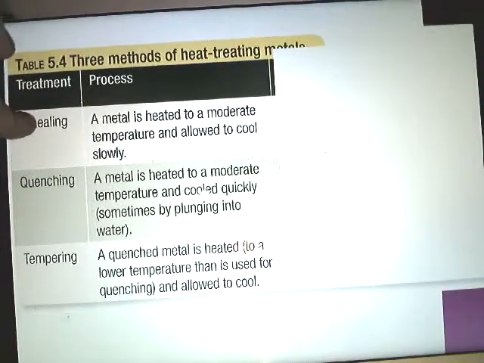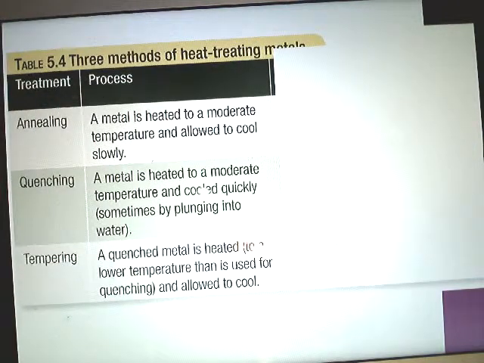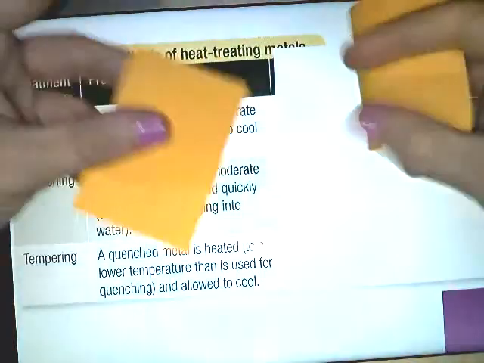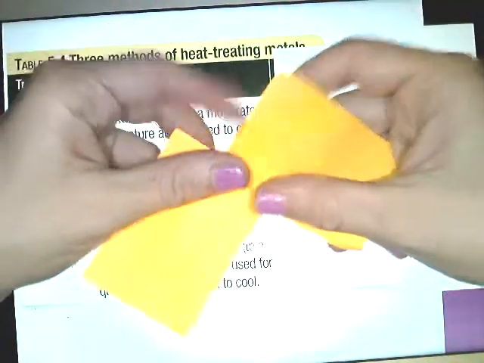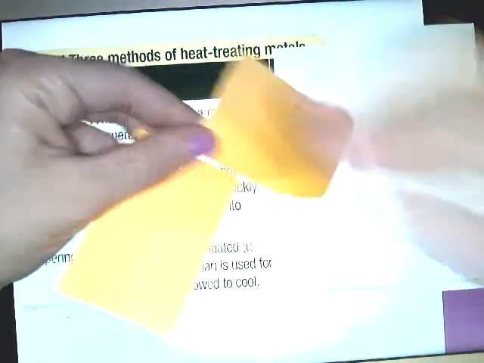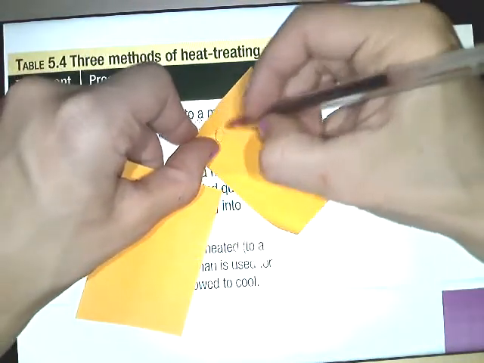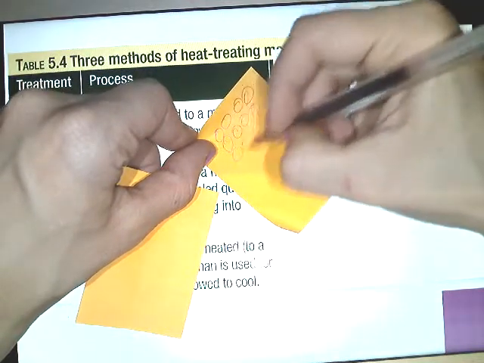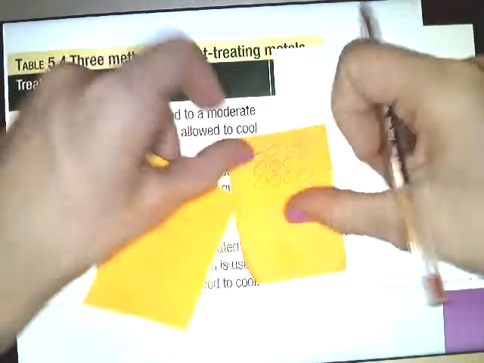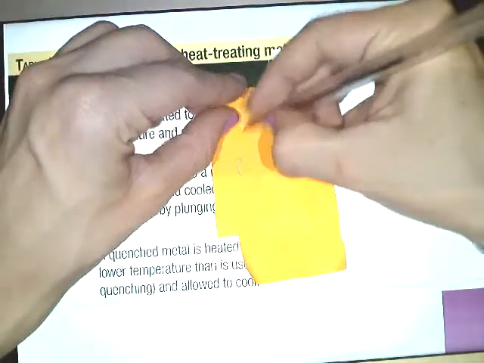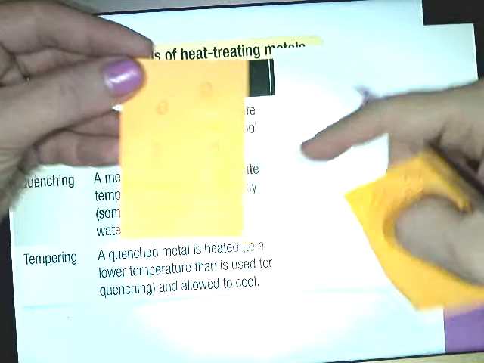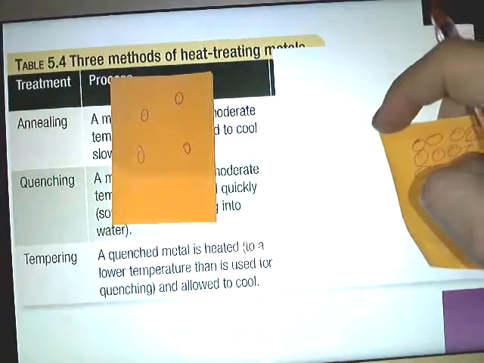When they're being annealed, the metal melts, but because we're allowing it to cool slowly, it has time for the metal cations to bond together and form a regular crystal structure. So when it's melted or close to it, the cations pull apart.